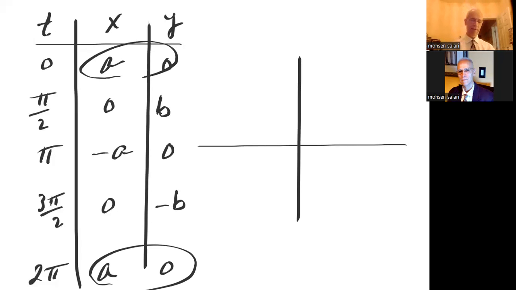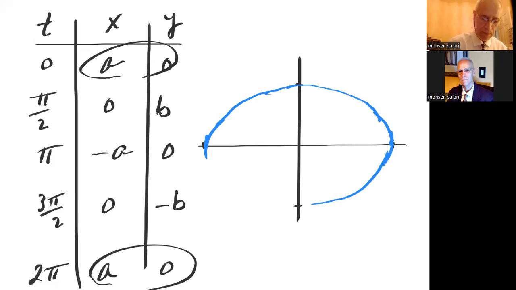So this is going to look something like this. The points that I have are a comma 0, let's say somewhere here. Then I have 0 comma b, something like there. Negative a comma 0, say here, and 0 comma negative b, in here. And so this ellipse looks something like this. Let's say this is x and this is y.